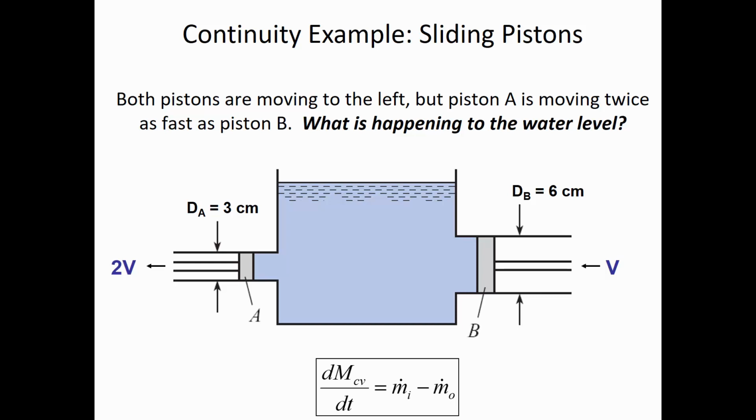So it's going to be density times 28.274 V minus 14.138 V. So the net is 14.136 times the density times V. So that's positive. That means that the mass inside the control volume is accumulating in a positive way. So what's going to happen to the water level? It's rising. So in other words, there's more going in than is going out.